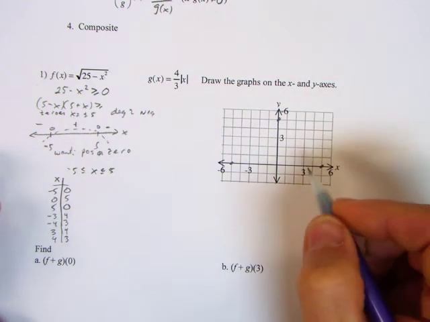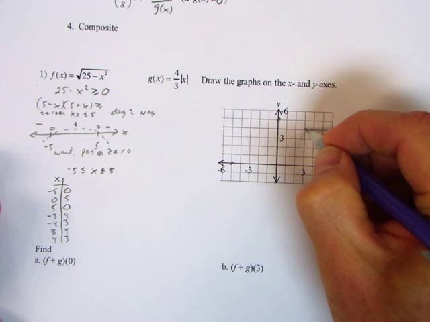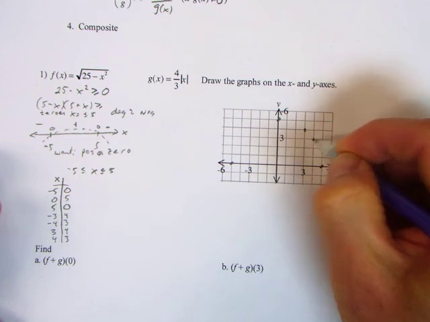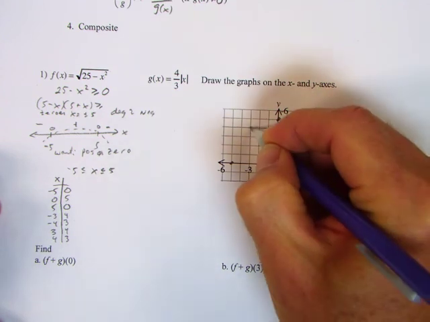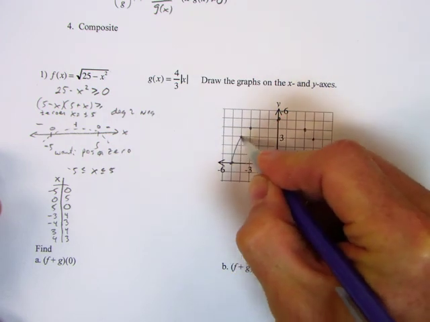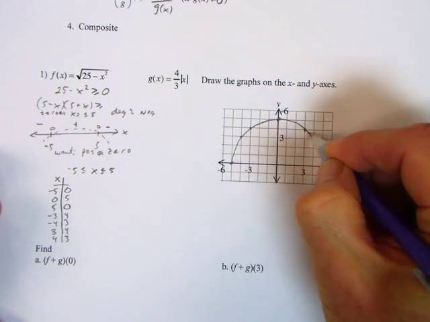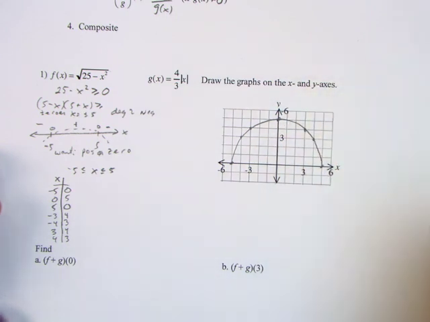Since we're squaring it, the plus or minus doesn't matter. So we can go 3, 4, 4, 3, plot it on the other side, and now connect our dots. What is this graph? It's the top half of a circle.